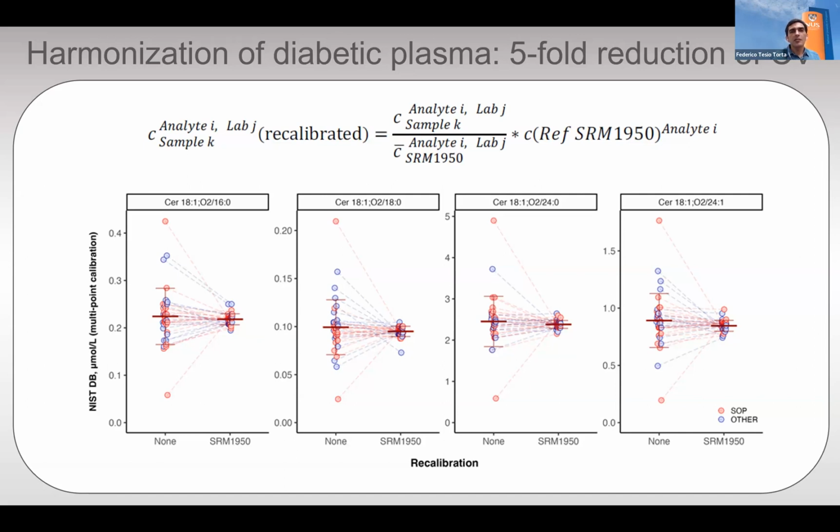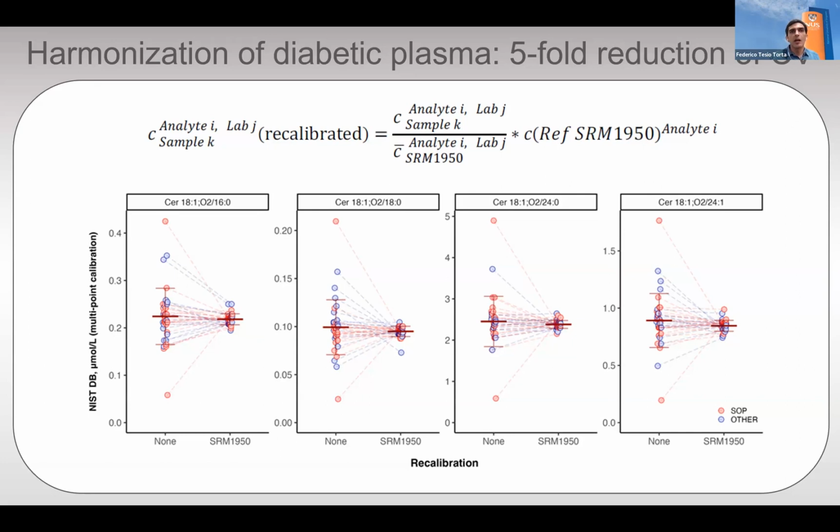And it's not only the effect on the CV that we have to highlight, but also that the mean consensus value for that specific sample is not so significantly affected by this recalibration. But we can really say that the main effect is on the comparability between measurements that we generated with different methods, different instruments and different procedures.